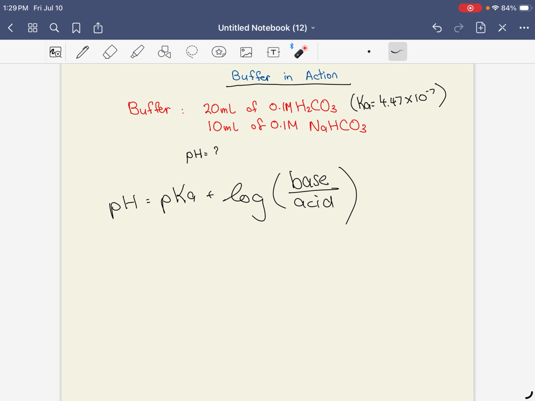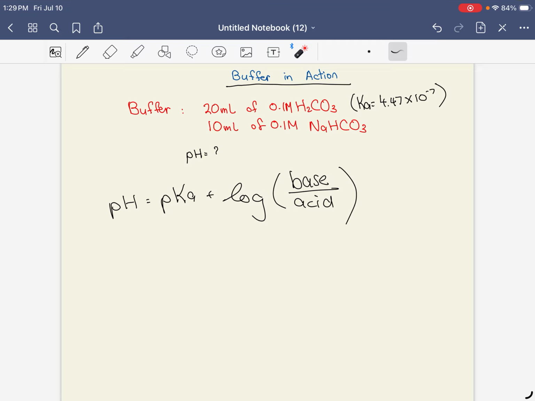The reason is very simple: both the acid and its conjugate base are in the same beaker, so the overall volume, the liters in moles per liter, is really the same. If the liter is the same, you can just cross them out.